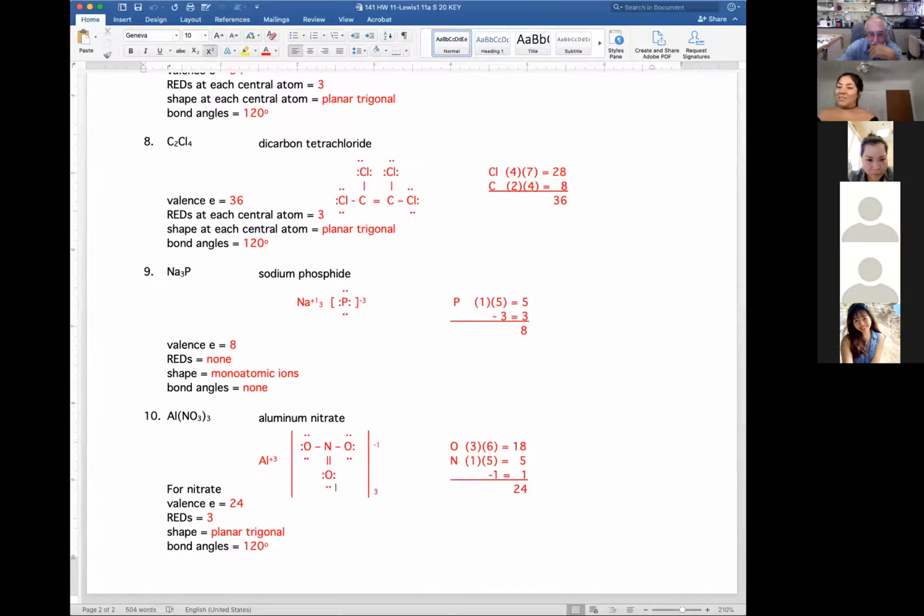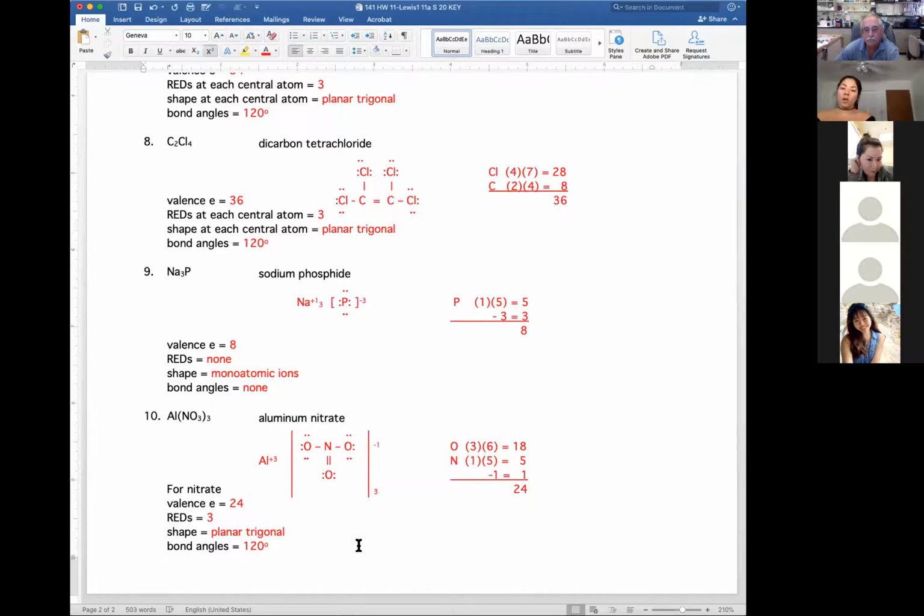There we go. That's the way it's supposed to look. Before the double bond, nitrogen had only 6 dots around it, so you had to share some from one of the oxygens to give it 8. Make sense?